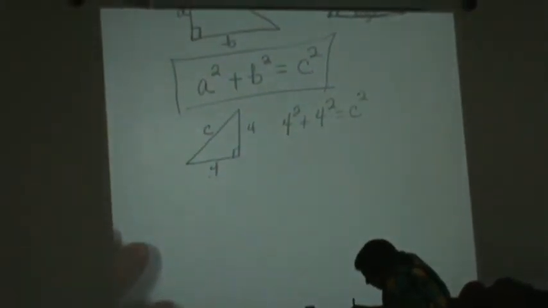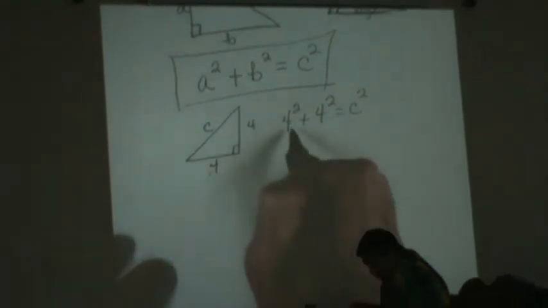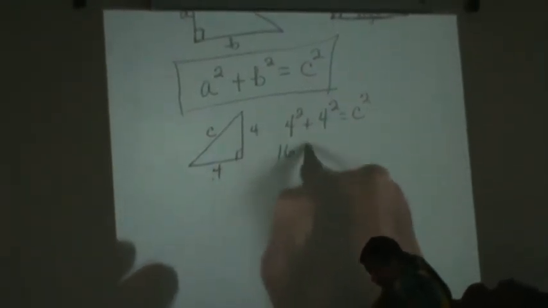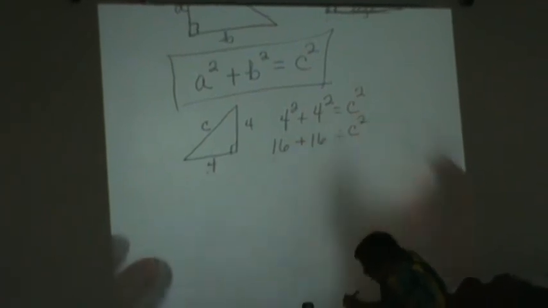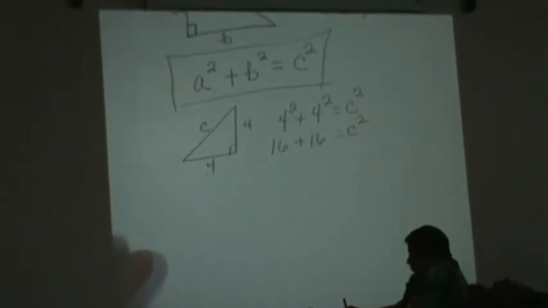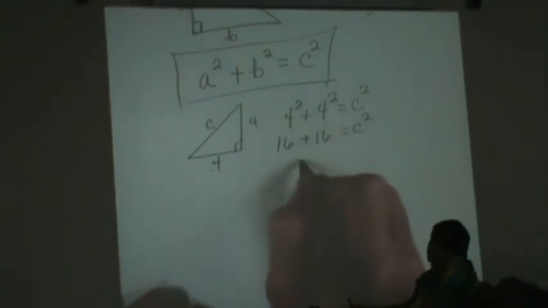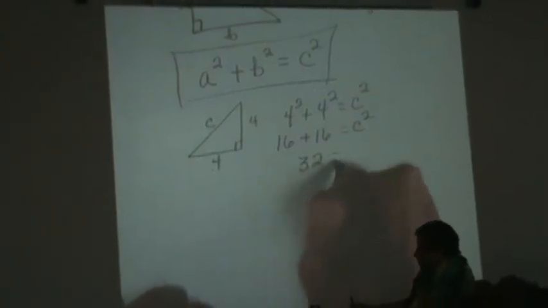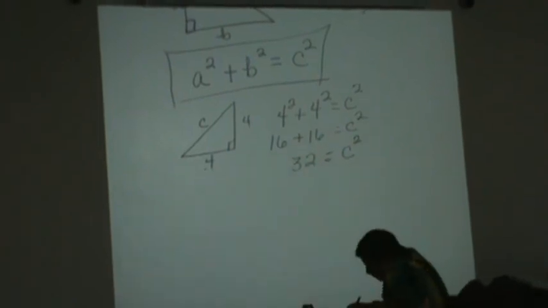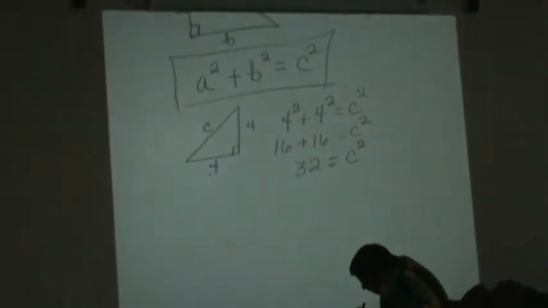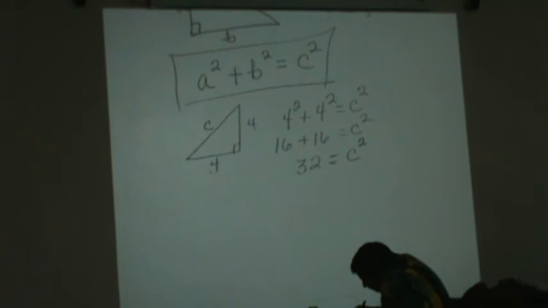Remember, squared is not times 2. 4 times 4 is 16, plus 16 equals C squared. 16 plus 16? 32. That's what C squared is. That's not what C is. How do you undo a square?